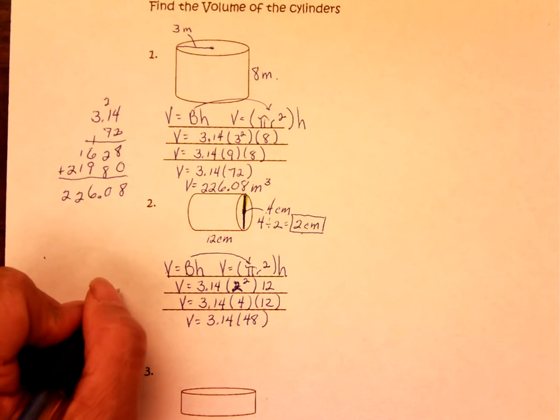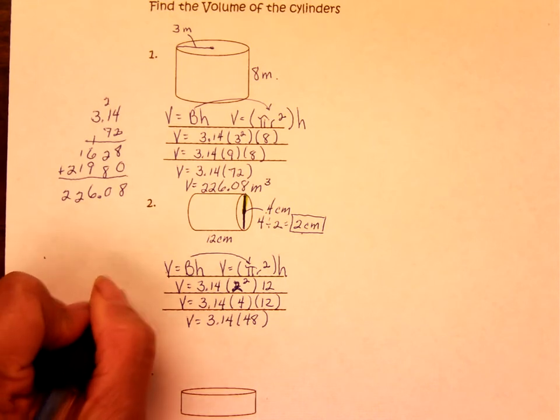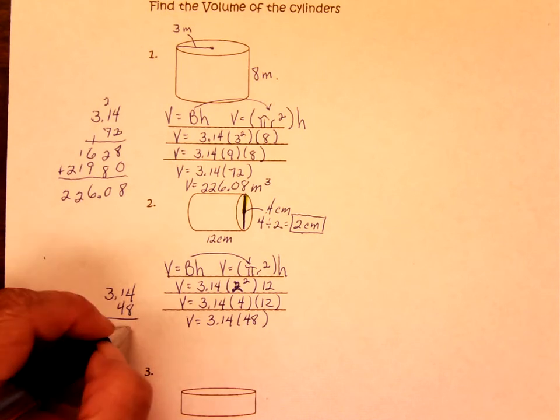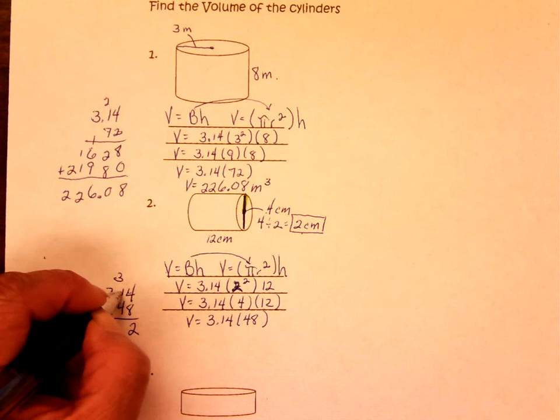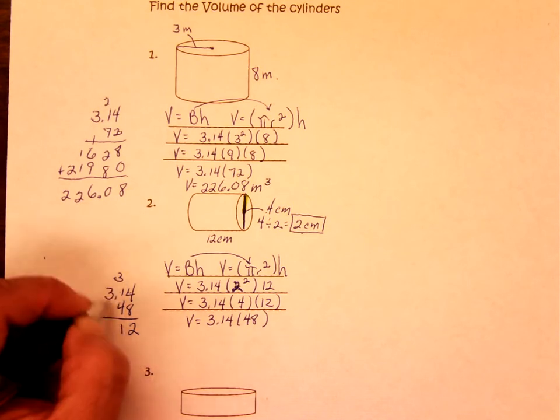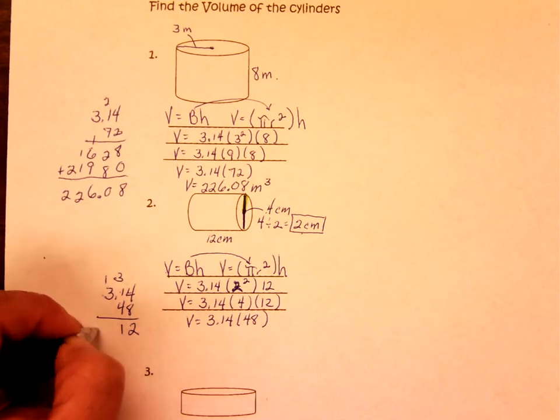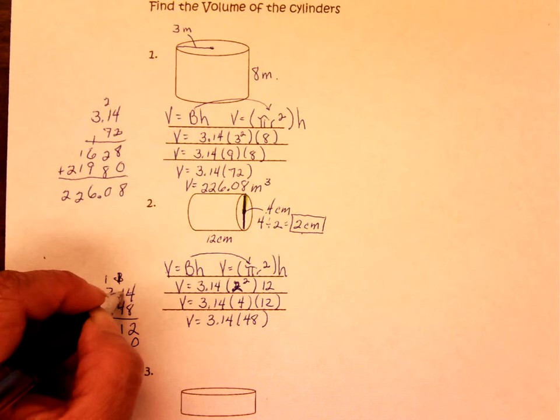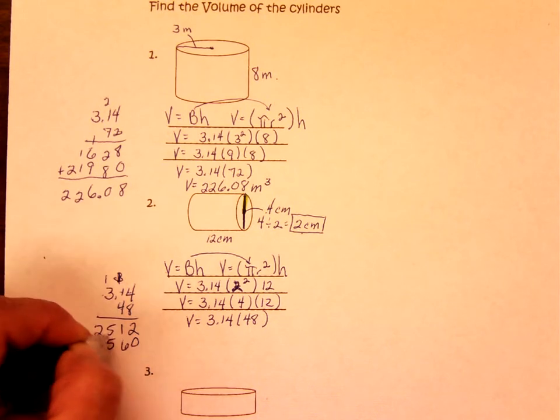And then if I multiply that, 3.14 times 48, 8 times 4 is 32, carry the 3, 8 times 1 is 8, is 11, 8 times 3 is 24, is 25, add a 0, 4 times 4 is 16, carry the 1, 4 times 1 is 4 plus 1 more is 5, and 4 times 3 is 12.